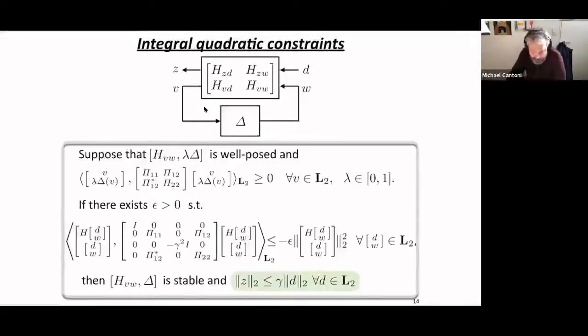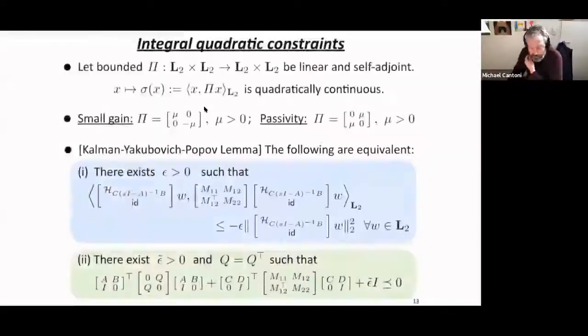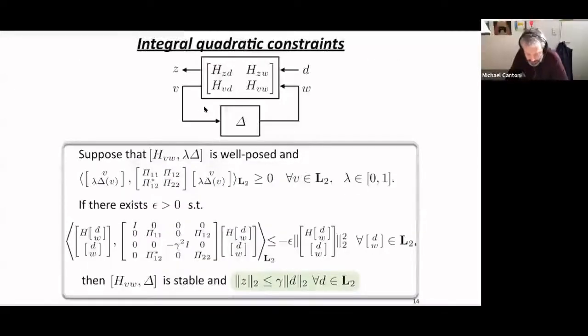So we've got this characterization of delta expressed as an integral quadratic constraint. If there exists an epsilon such that this complementary quadratic constraint on H is satisfied, then the interconnection will be stable and the gain from here to here will be bounded by gamma, which appears as a parameter in this complementary condition. Again, testing something like this corresponds to verifying feasibility of an LMI, which in principle can be verified by solving a convex program.